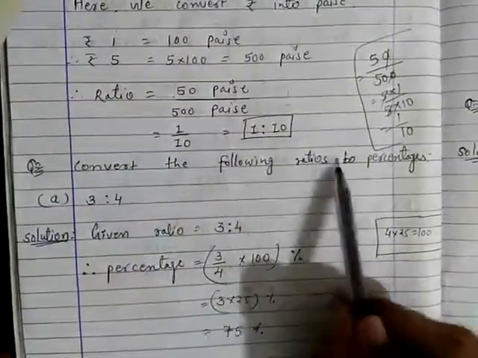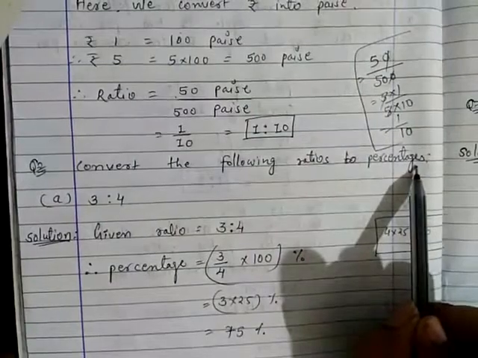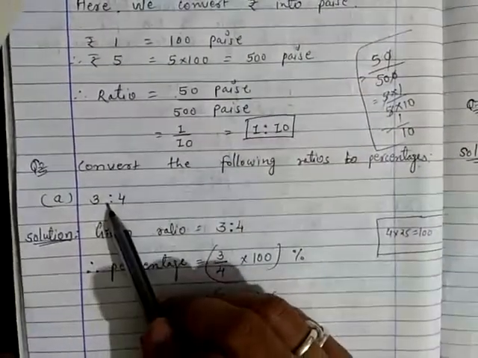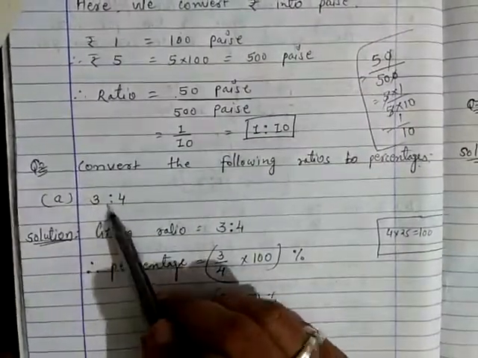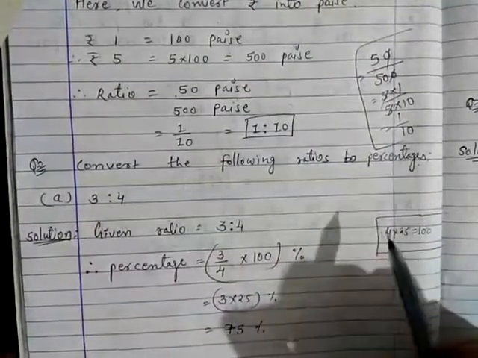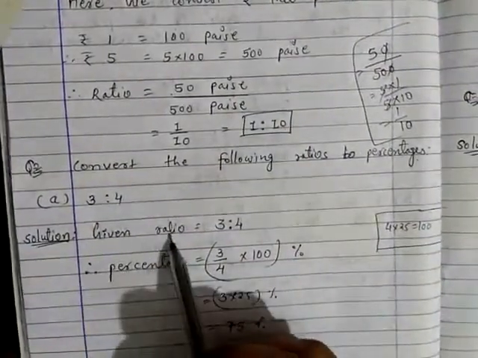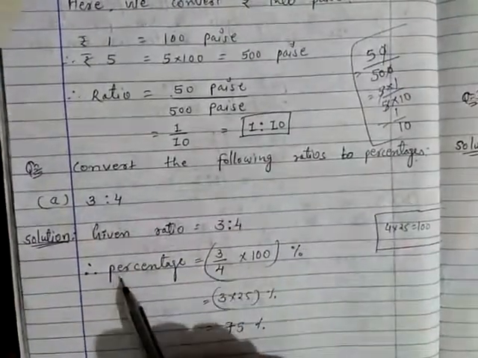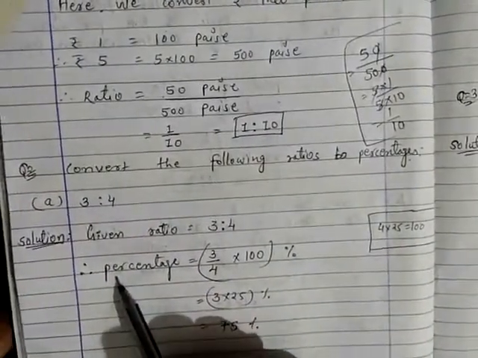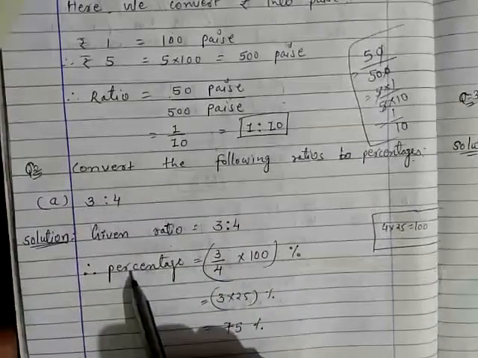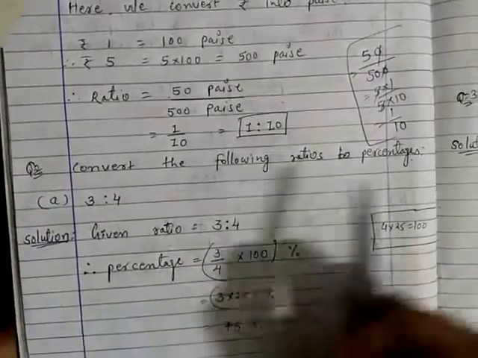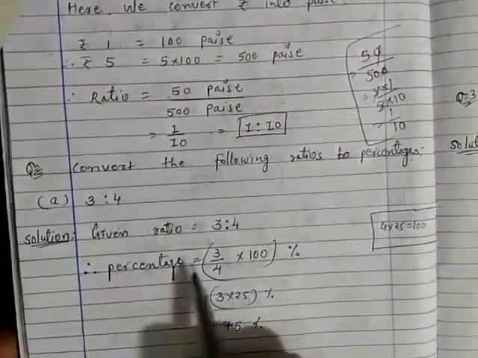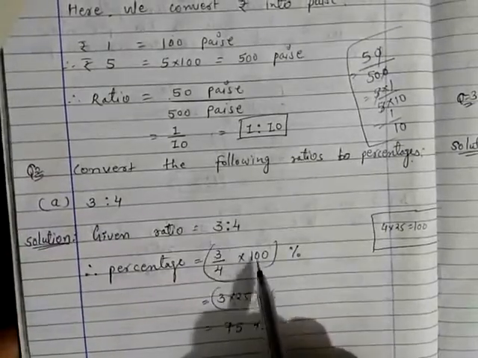Now see question number 2. Convert the following ratio to percentage. Here the ratio is given and you have to convert this ratio into a percentage. The given ratio is 3:4. We express it in percentage form. Percentage is equal to the given ratio into 100.